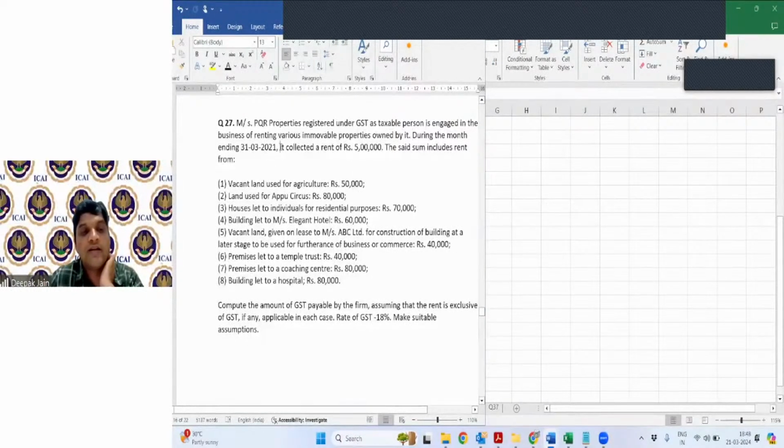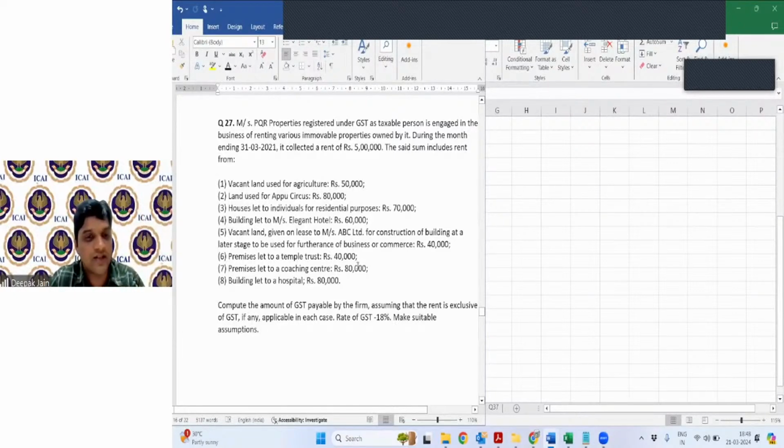During the month ending on 31st March 2021, it collected a rent of 5 lakh rupees. The said sum includes rent from vacant land used for agriculture, 50,000, and land for this thing.